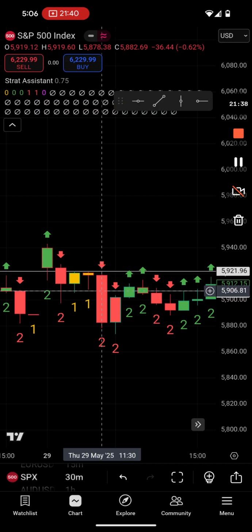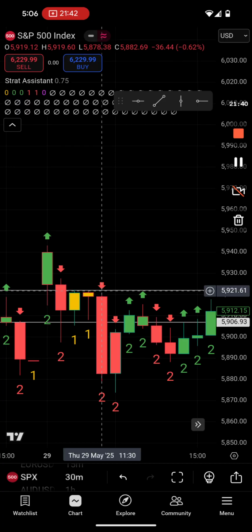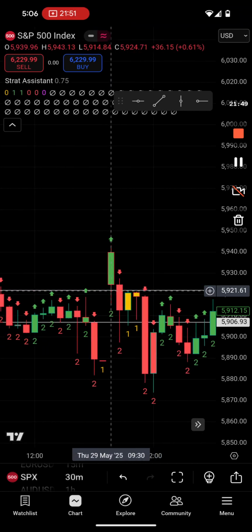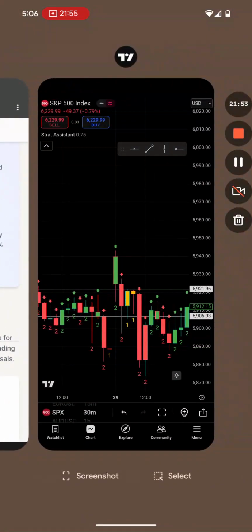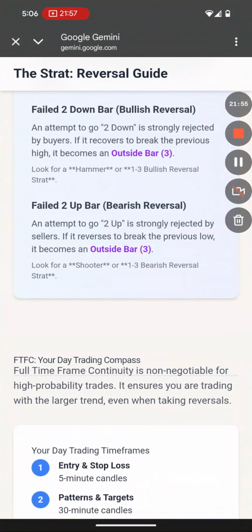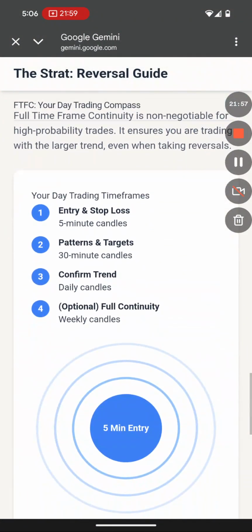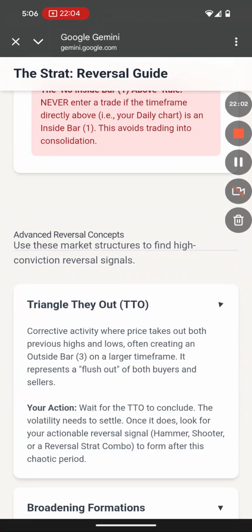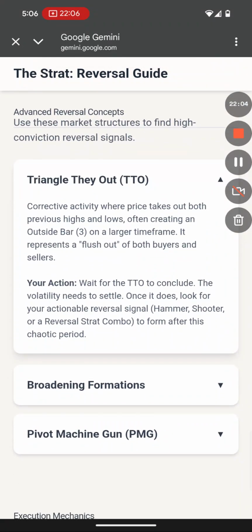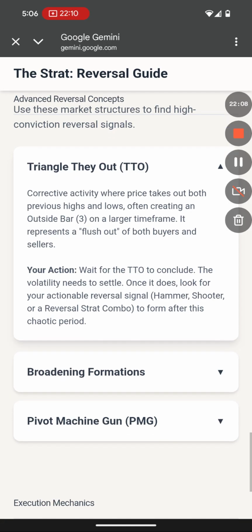Alright, man. I just want to show y'all the strat. 2-1-2s, 3-1-2s, 3-2-2s, 2-2s. Man, get with me and we can really lock in, and I can show you, because it gets deeper than just what I showed you. There's a lot more to it. We got four time frame continuity to talk about. We got TTO, triangle day out.